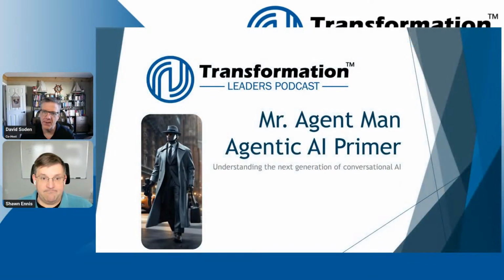And so to do that, I'm going to bring up a slide, and we'll use the slideshow as a presenter. We got a couple of different use cases for you, but this is Mr. Agent Man that we've got here to help tell the story of what we're going to be talking about.